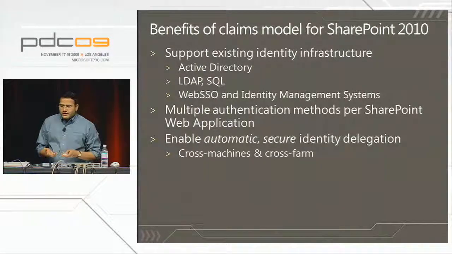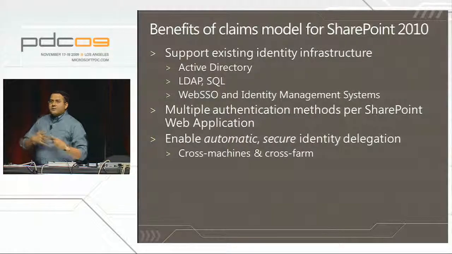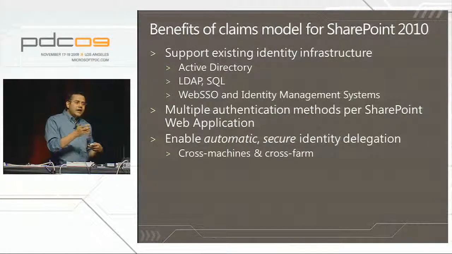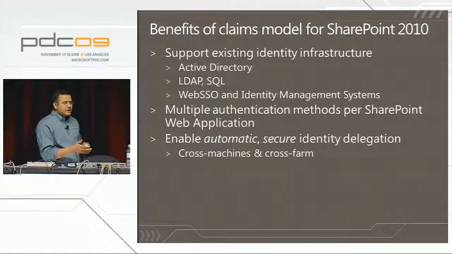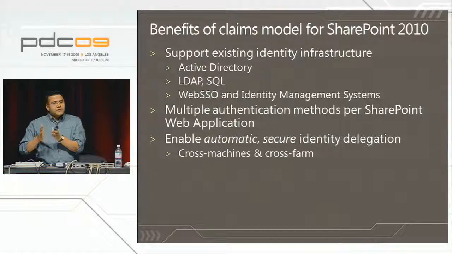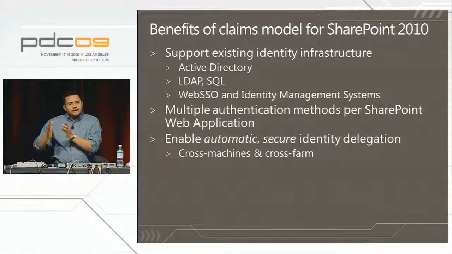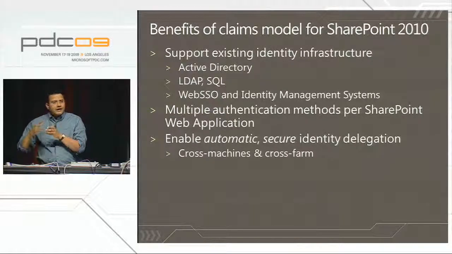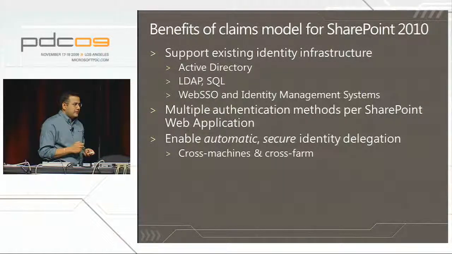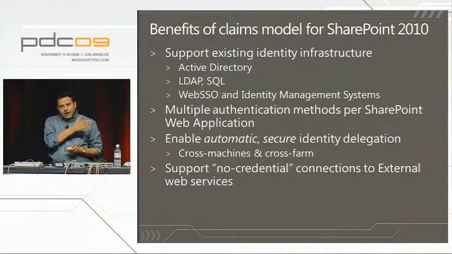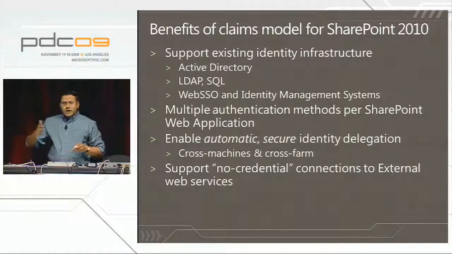The third major one is enabling automatic and secure identity delegation, so that both the user identity and the service identity that is available in the front end is now propagated to the backend services as well, so that the backend services can make more knowledgeable decisions and then return the appropriate results. Okay? And as I said, all the way from front end to back end is all claims-based.